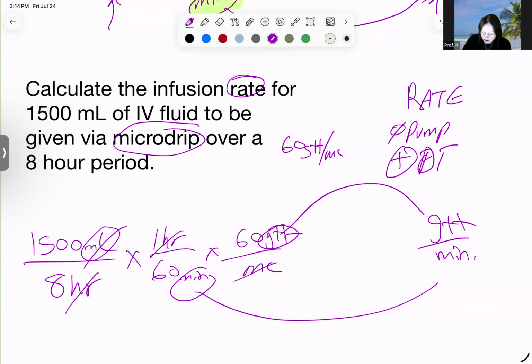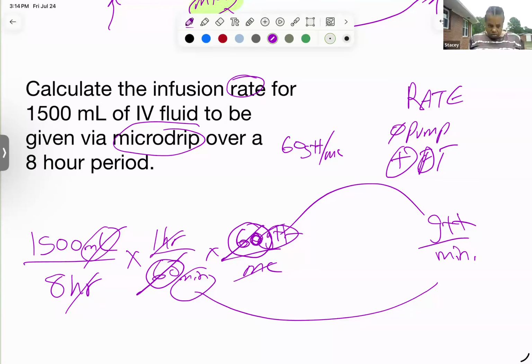So the math across the top is 1,500. Oh, you know what I did? I did this on my sheet. Do you guys know that if you have the exact same number in the numerator and the denominator, you can cross it off? You don't have to. You can do the long math. But I did the short math to show you that you could cross off identical numbers from the top and the bottom.